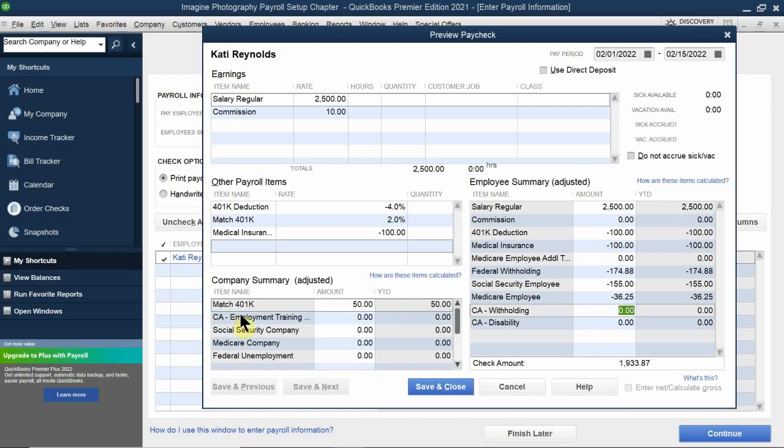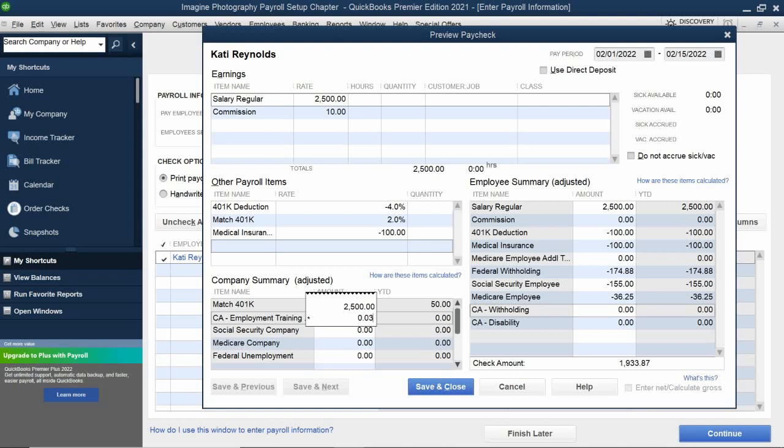Okay, so in this case, we need to check our numbers too. In this case, we have the matching 401k, which we automatically had because we agreed that we put part of the pension in as well. California unemployment, we don't know, but usually for state, they do recommend that it is 3% if you are a new type of business, and it's going to be 3% of gross earnings.